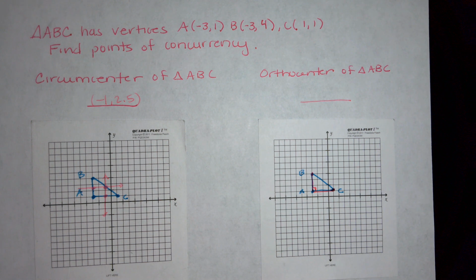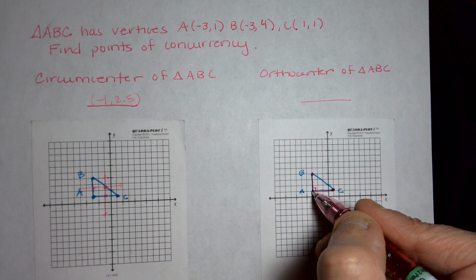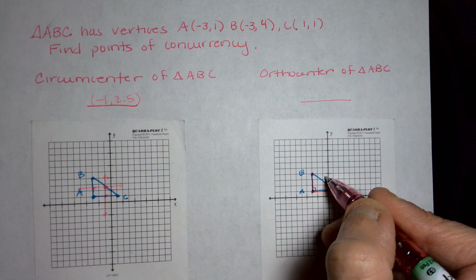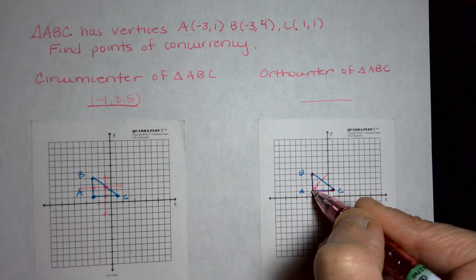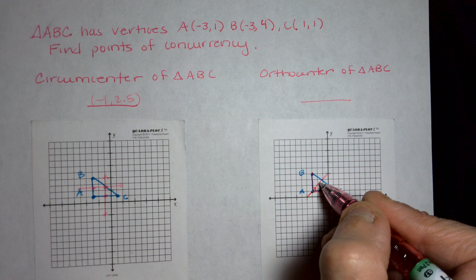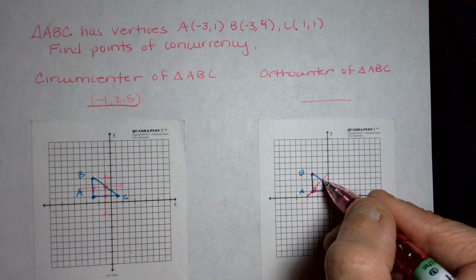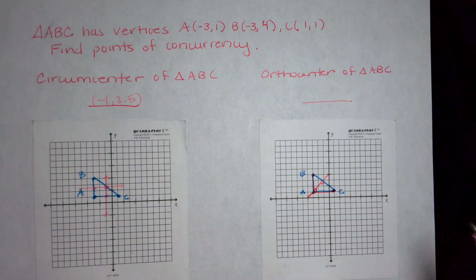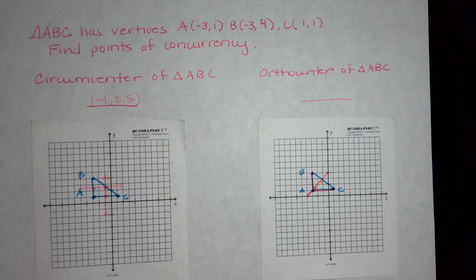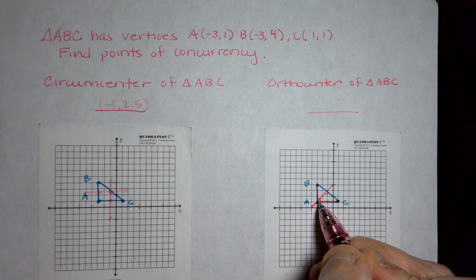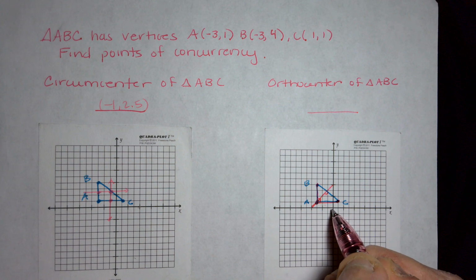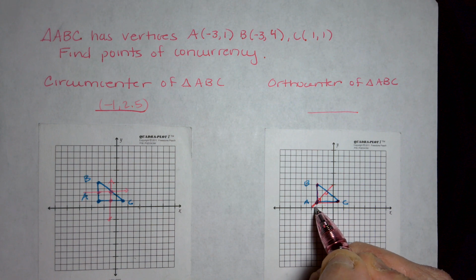And if I pick an altitude from here, this one will also go through there. So all three altitudes cross right here at -1, 3, 1.